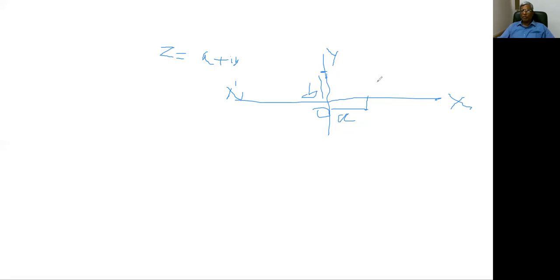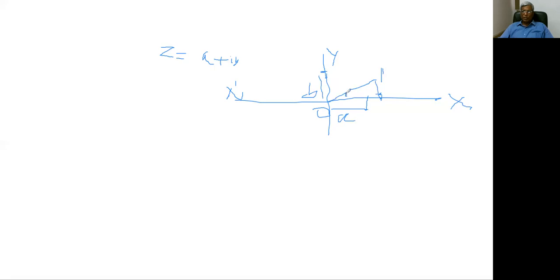So you take here a point P, and draw a perpendicular from here.